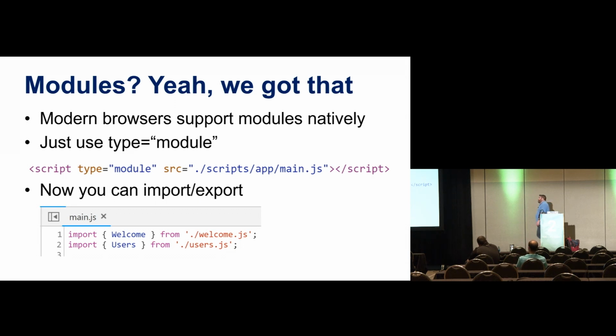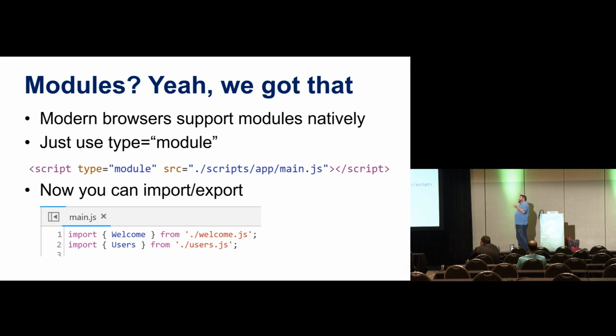Well, instead of saying script type equals JavaScript or whatever, I say script type equals module, and that tells the browser, go ahead and run this code using your module loader. And all of the modern browsers support this out of the box. And so as you see here, it loads it up, and I'm using import statements inside of main.js, and the browser knows how to parse those as well, natively.